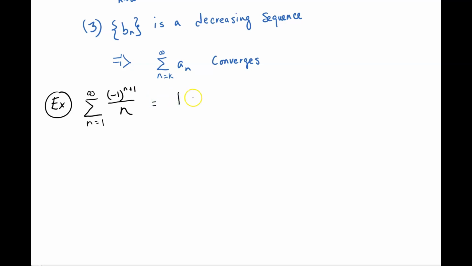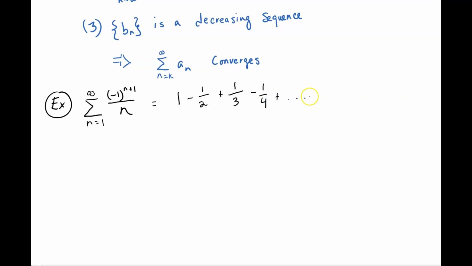Now I plug in 2. 2 plus 1 is 3, so that makes it negative on top: minus 1 over 2. Now I plug in a 3. 3 plus 1 is 4, and (-1) to the 4th is a positive 1, so plus 1 over 3, and so forth and so on.